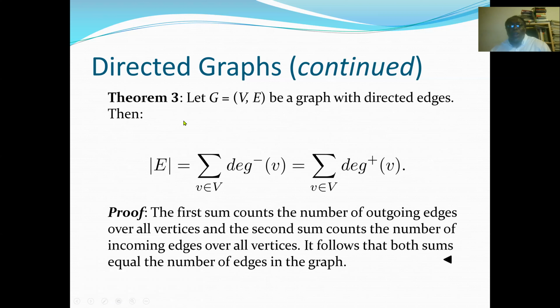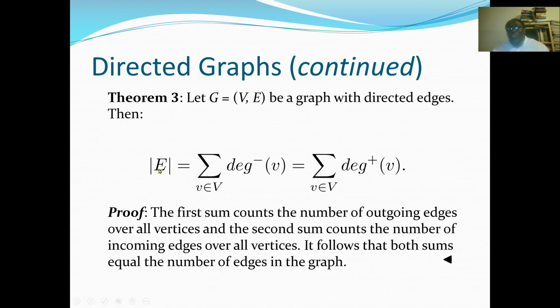So here we say Theorem 3, let G again be the vertex and edges of a graph, but this time with directed edges. So if we have directed edges, the total edges will be the sum of the degree in and degree out divided by 2.